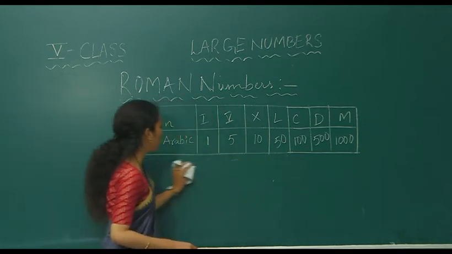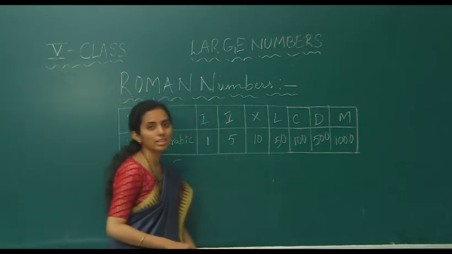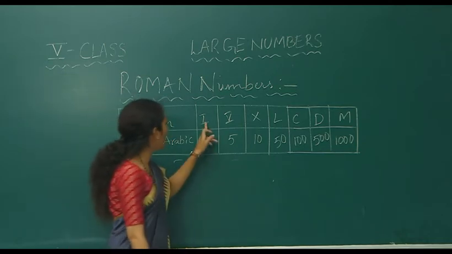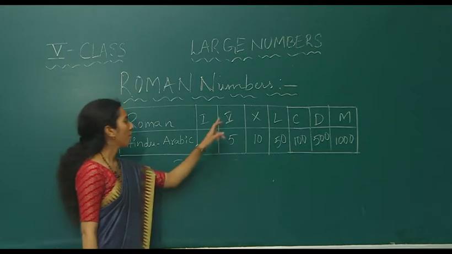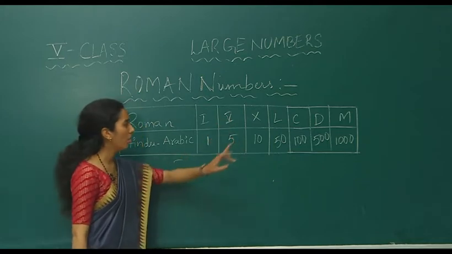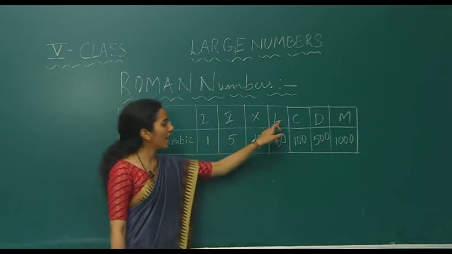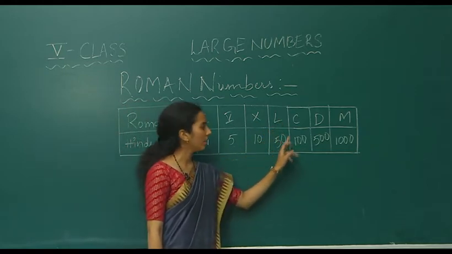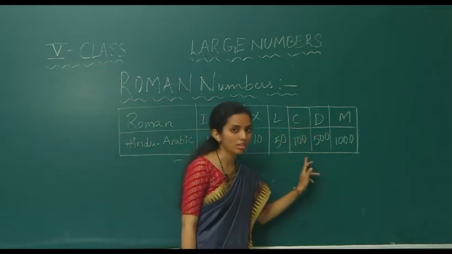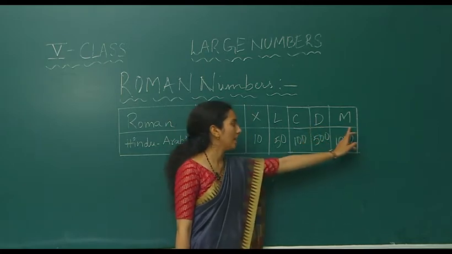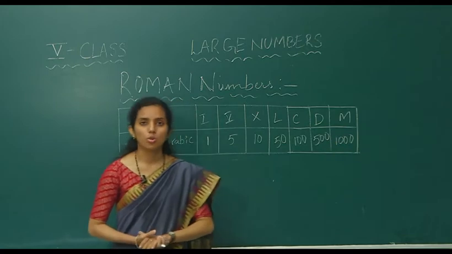A few symbols denote a few numbers in the Roman numbers. So let us see those numbers. I is 1, V is 5, letter X denotes 10, letter L denotes 50, letter C denotes 100, letter D denotes 500 and letter M denotes 1000.